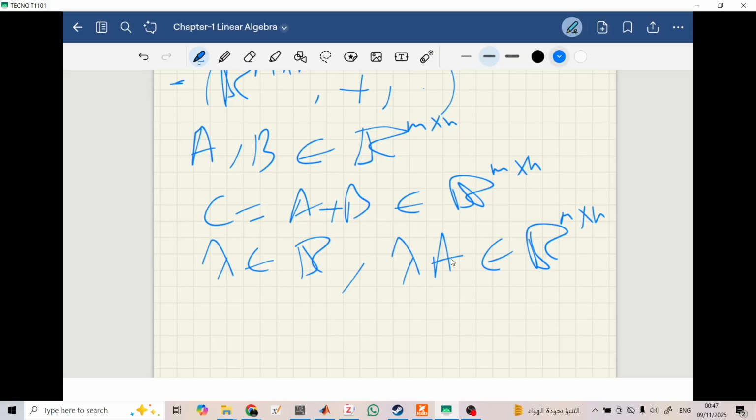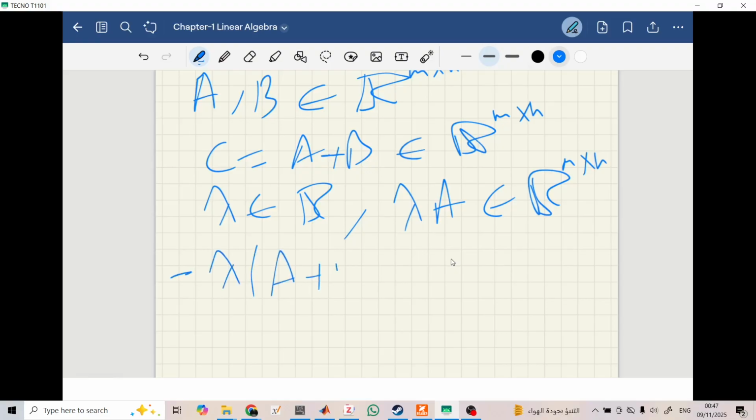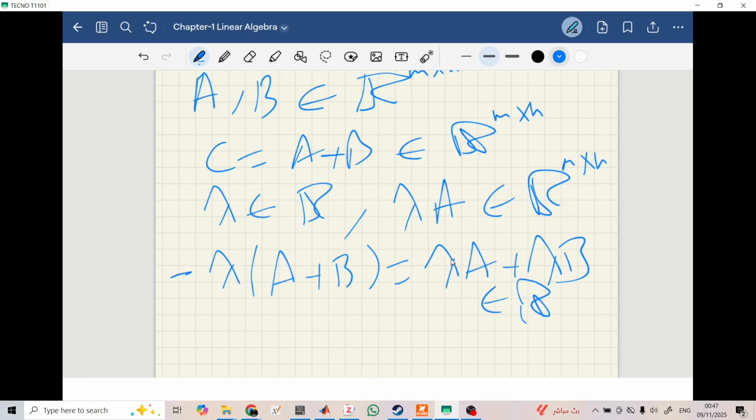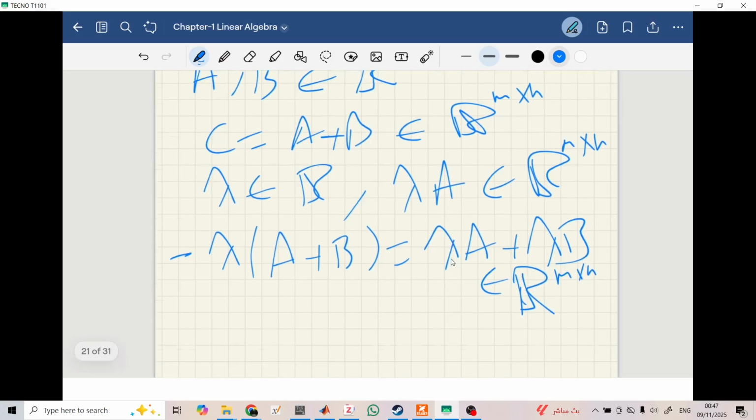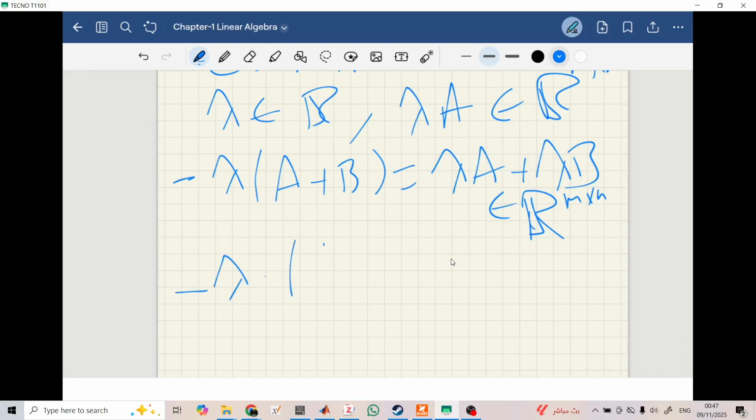Of course, distributivity: again, lambda times (A plus B) equals lambda A plus lambda B, which is in the same space. No problem in that. And associativity for the multiplication: lambda times phi A equals lambda phi times A, so it's very simple.